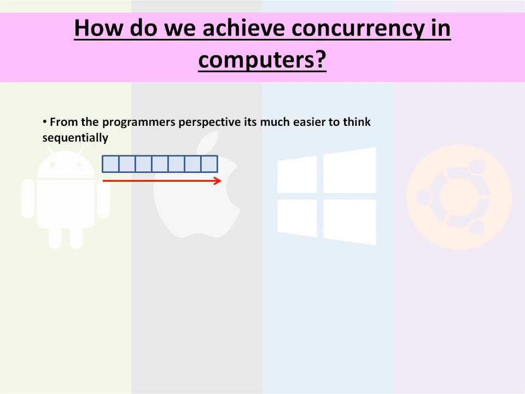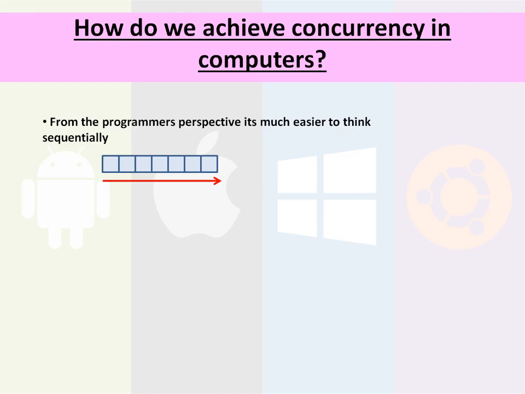So the question remains, how do we achieve this concurrency in computers? In the real world, it's easy because people are completely independent of each other and they're doing different tasks. But in a computer, it's obviously governed by a single operating system. So how do we get this to work? Well, from the programmer's perspective, it is much easier to think sequentially, right?